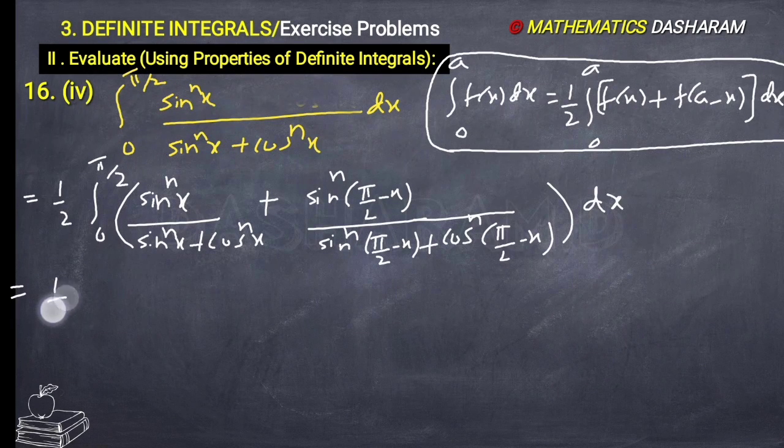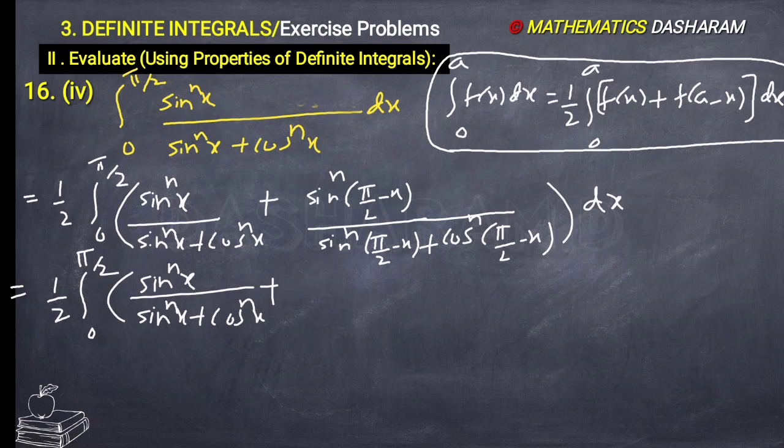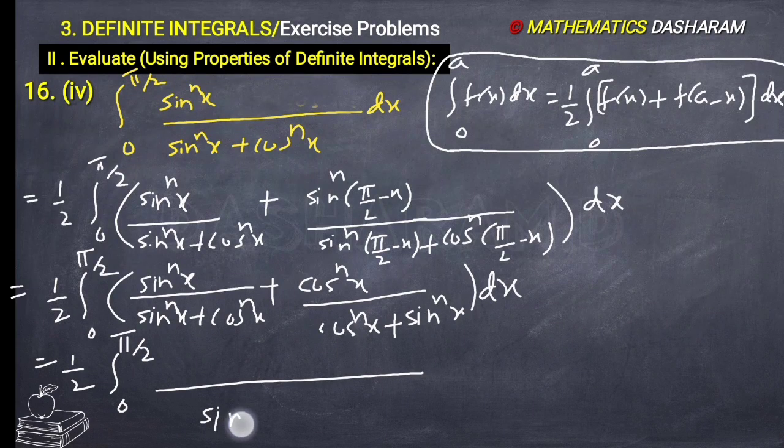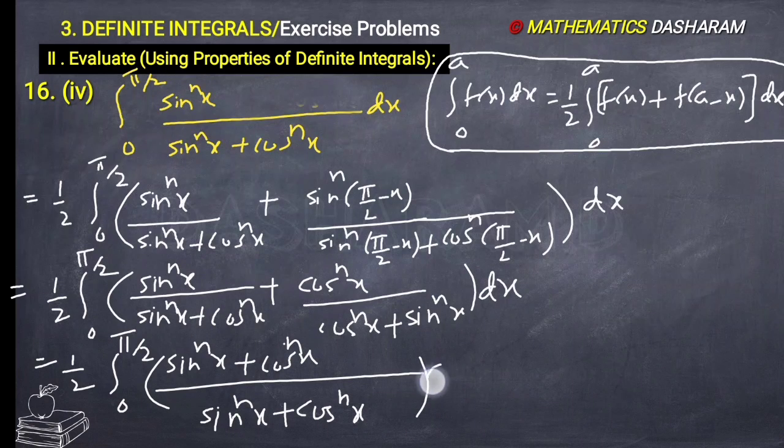Then it is equal to 1 by 2 integral 0 to pi by 2. Here sin (90 minus x) equals cos x, divided by, here also the same, cos to the power of n x, and cos (90 minus x) equals sin x. So 1 by 2 integral 0 to pi by 2. Here the denominators are the same, sin to the power of n x plus cos to the power of n x, then add the numerators, whole dx.